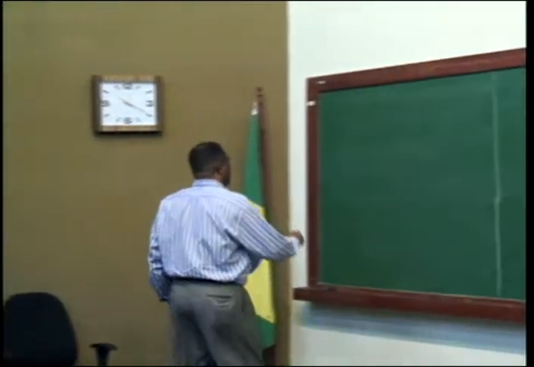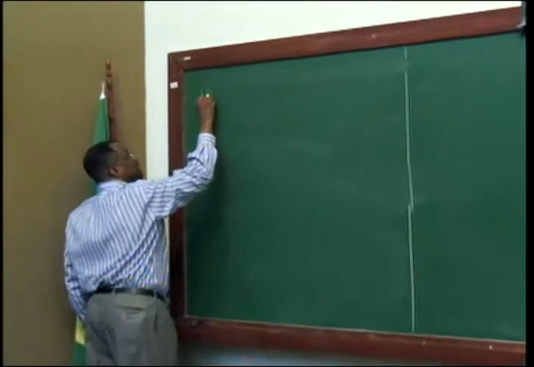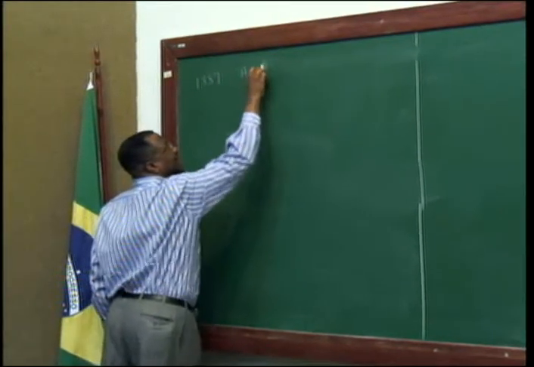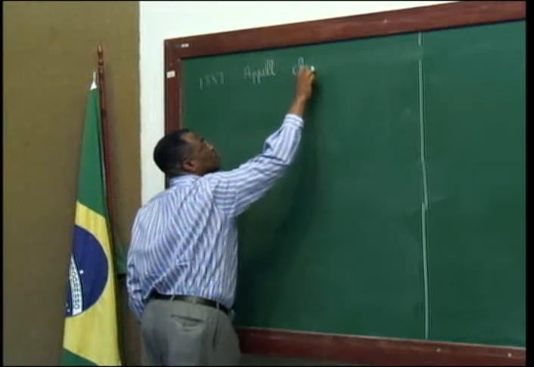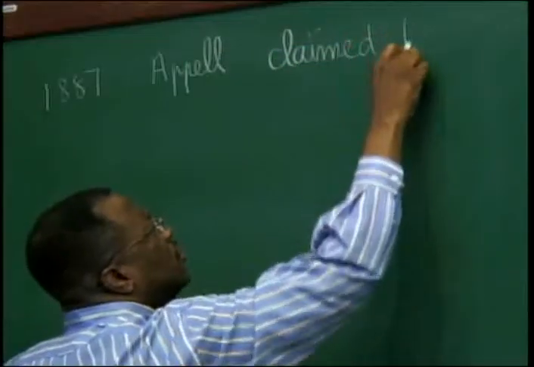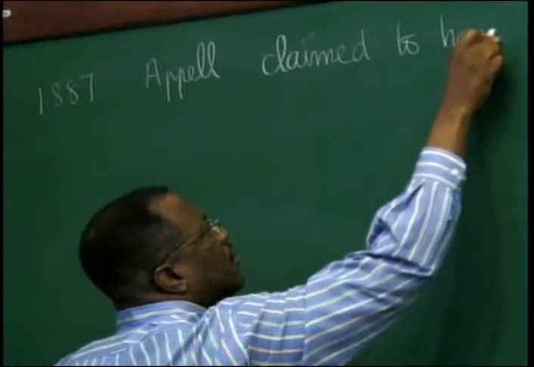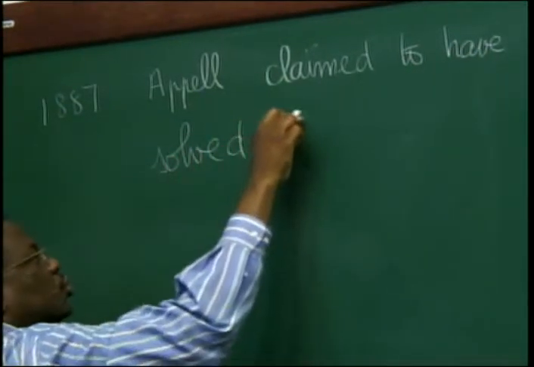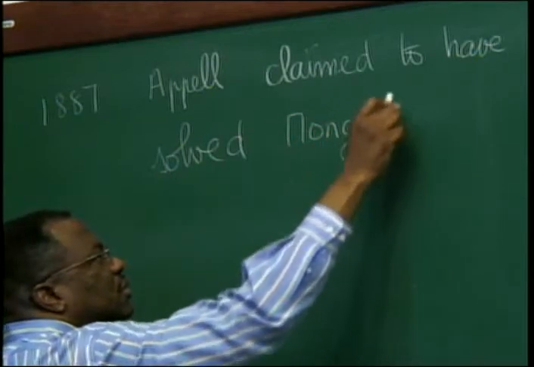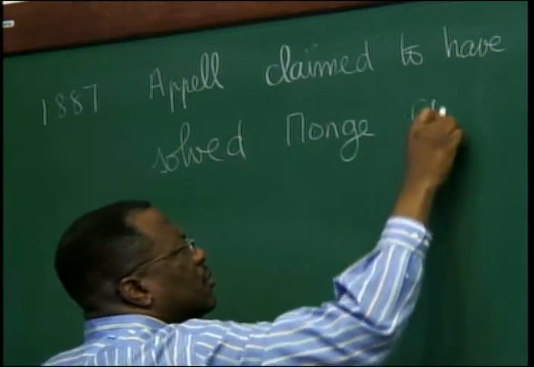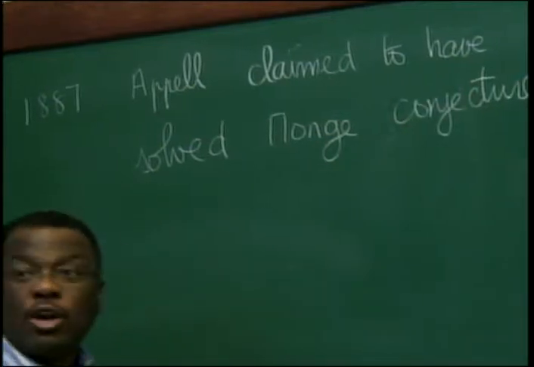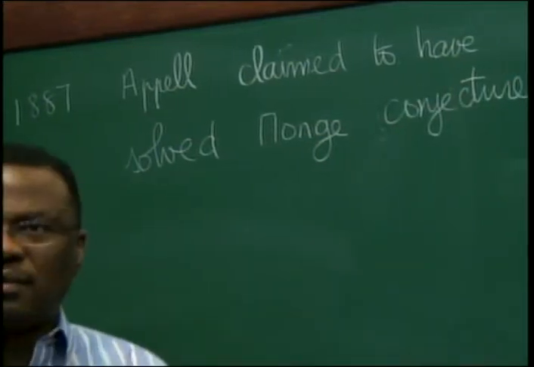And in 1887, Appell claimed to have solved Monge's conjecture. And he got the Bordin Prize for that.